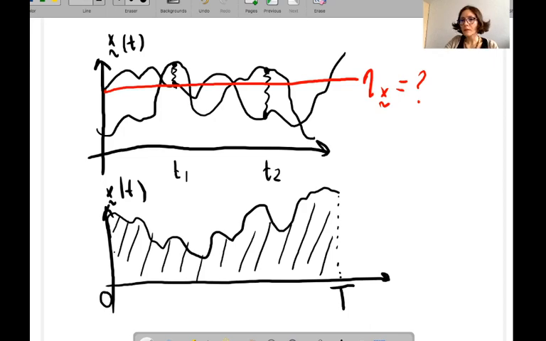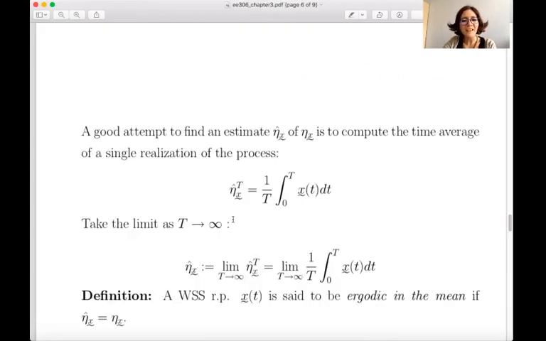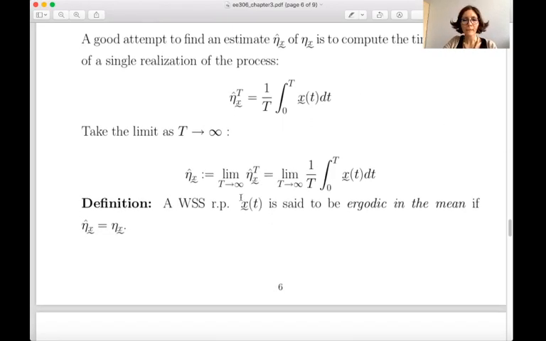So in the limit case, if you are able to observe your random process sufficiently long by taking a capital T value that is sufficiently large, then the best estimate that you can get in this way is obtained by taking the limit as T goes to infinity. So if you just look at this, we consider this estimate, which is the time average of a single realization of our random process. We take the limit as T goes to infinity.